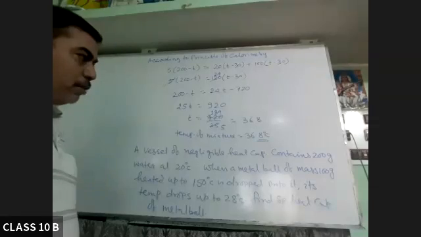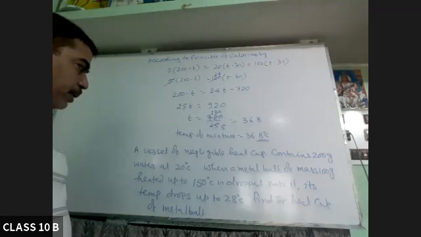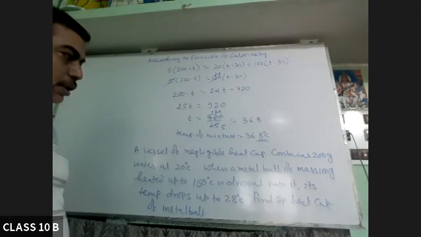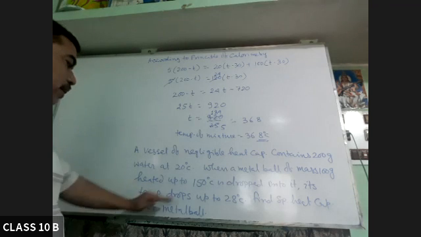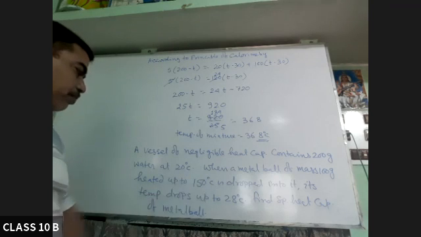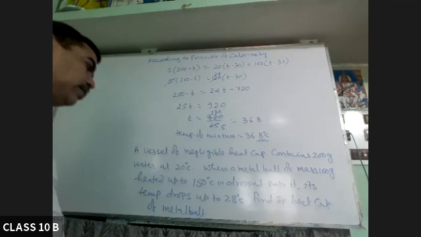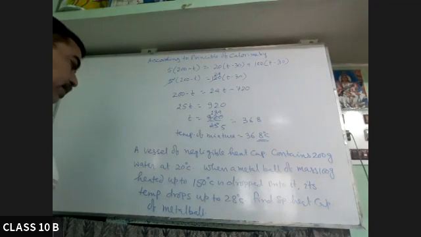When a metal ball of mass 100 gram heated up to 150 degrees Celsius is dropped into it, its temperature drops to 28 degrees Celsius. Find the specific heat capacity of the metal ball.